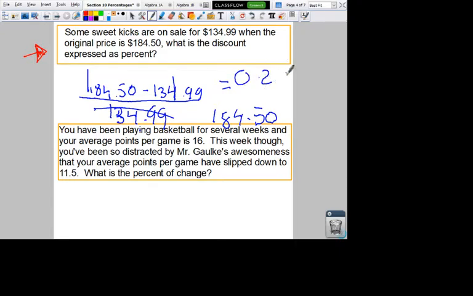Alright, we're going to get 0.27270. Just 3 decimals only.